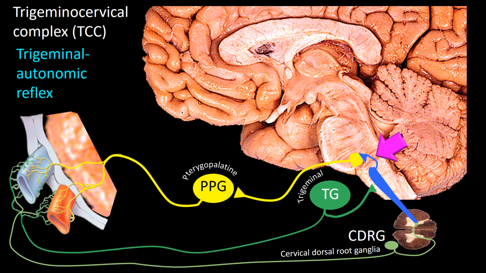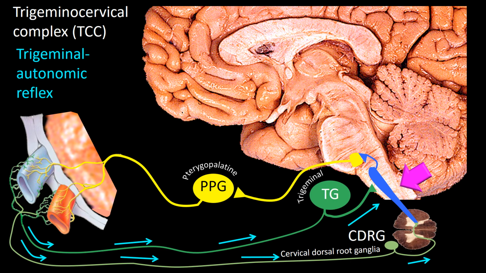the meninges. In this loop, sensory information from the meningeal vessels travels towards the central nervous system through the trigeminal cervical complex, landing in the spinal trigeminal nucleus. From the trigeminal spinal nucleus, the signal goes to the parasympathetic superior salivary nucleus.